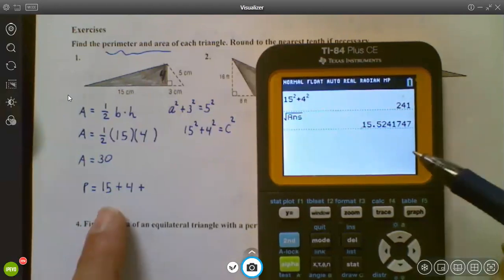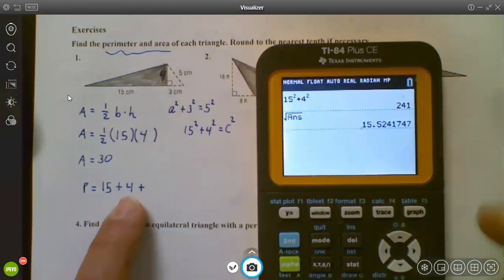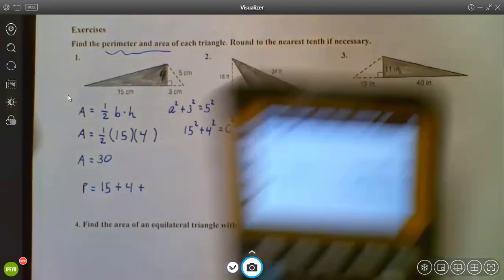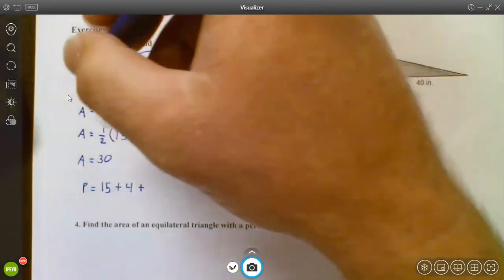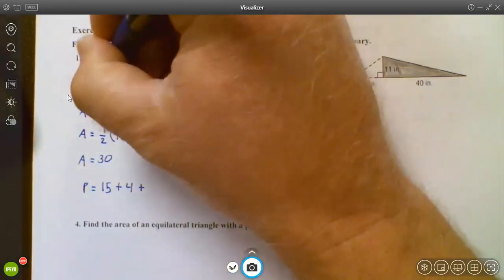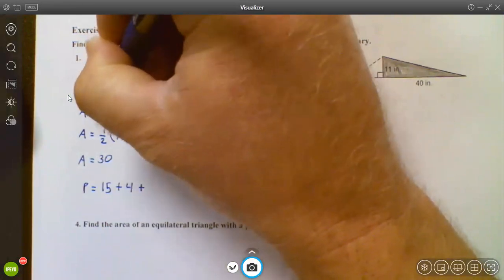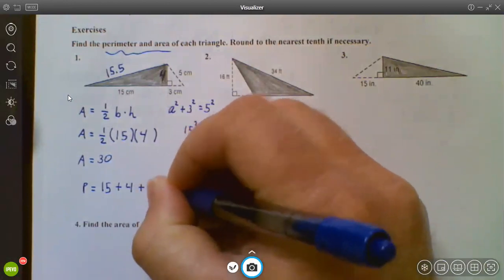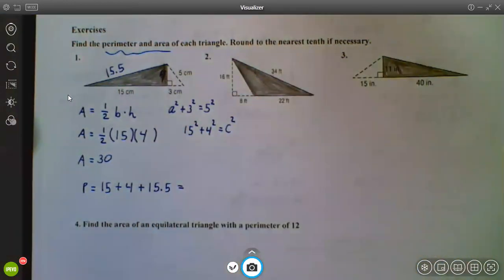If we were going to complete our perimeter here, you would just have to then add the 4 and the 15 to get the total perimeter. So we used Pythagorean theorem to figure out that this was about 15.5. So again, these are the numbers that we just added together in order to get our perimeter.